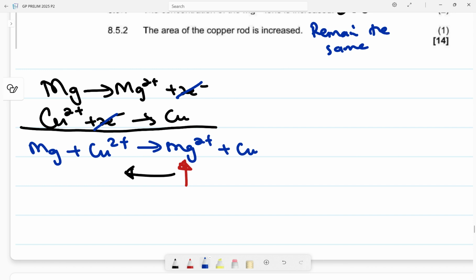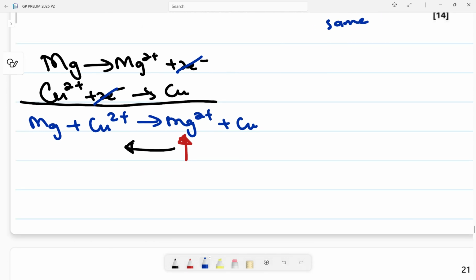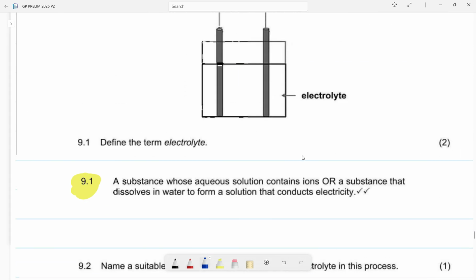And then question 9, I think I'm going to do it at the same time. Electrolyte. What is an electrolyte? Let me see if I will have enough time to do it. Okay, I think I will. What is an electrolyte?